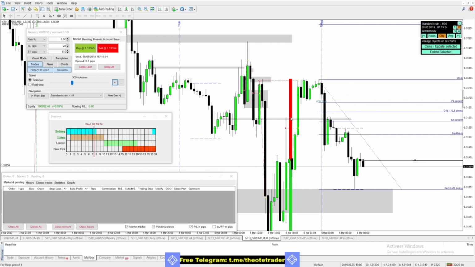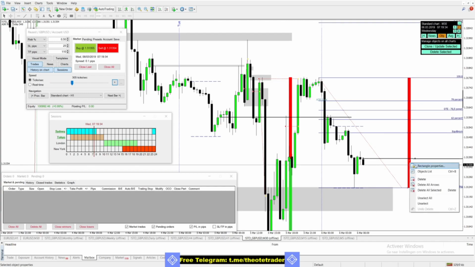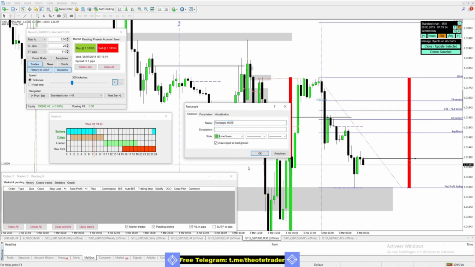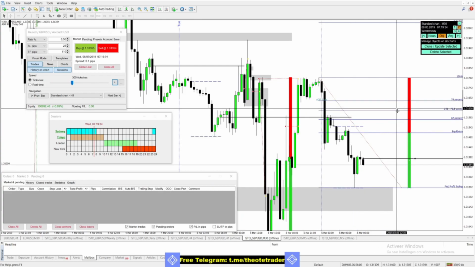Let me copy this, makes it a little bit easier. From here to here, this is premium, right? And then this one, discount. And this is correct if we leave this low intact, right? So we want to trade up into premium and then move down.